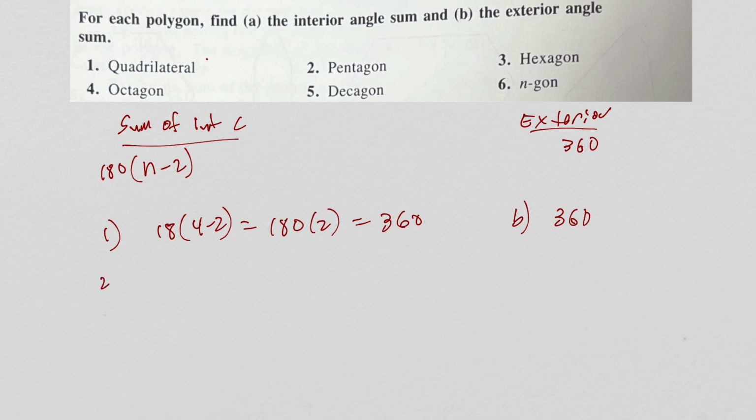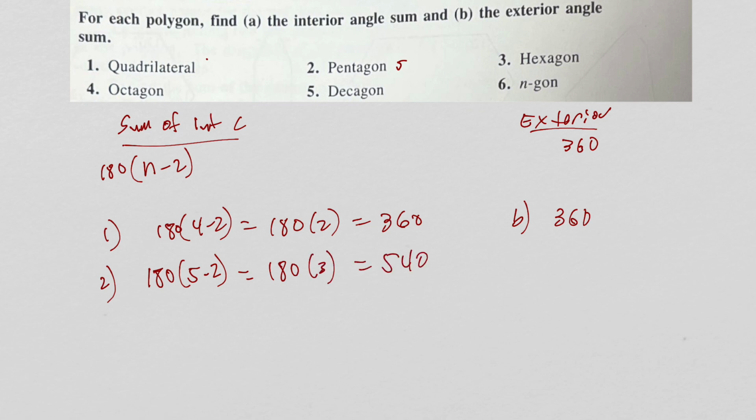For number 2, a pentagon has 5 sides. Oops, this is 180 there. Anyway, a pentagon has 5 sides, so 180 times (5 − 2) is 180 times 3, which is 540.